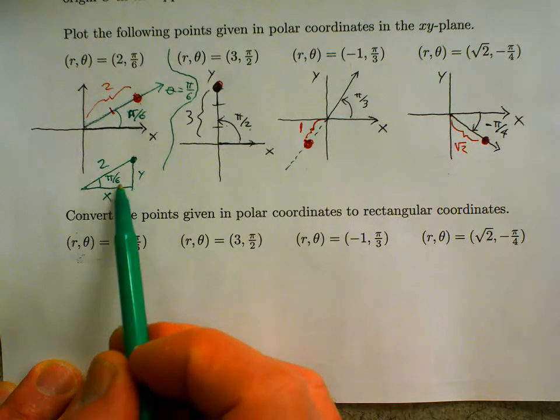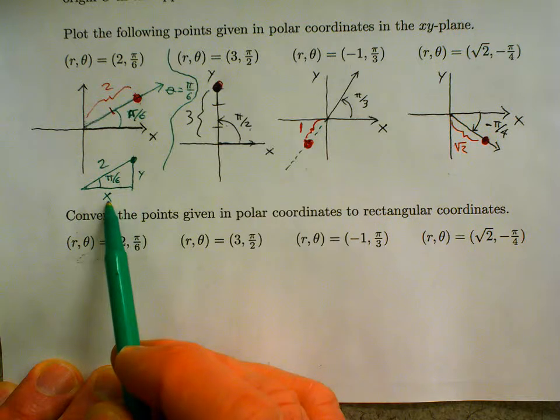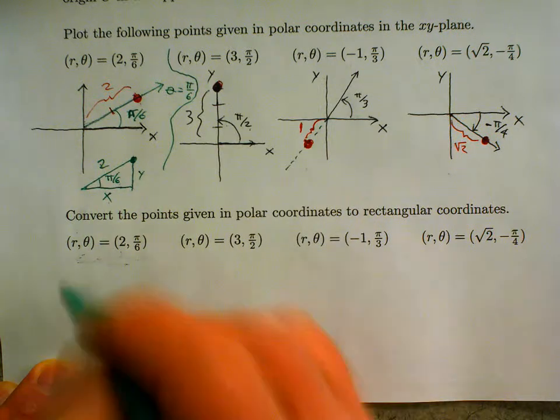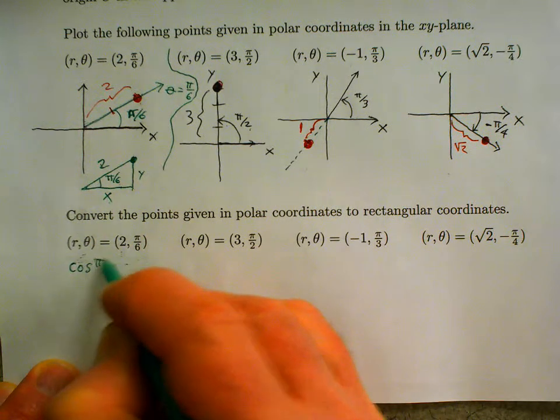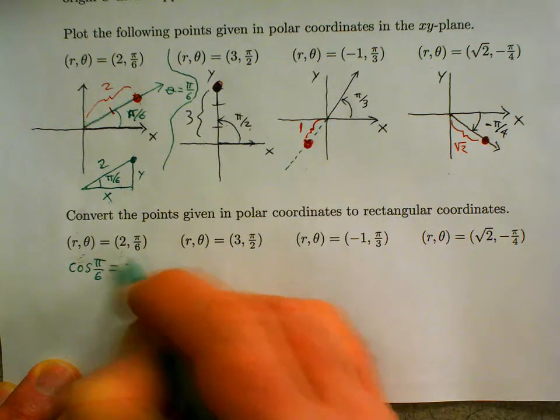Okay, so cosine of pi over 6 is adjacent over hypotenuse. So cosine of pi over 6 is x over 2.